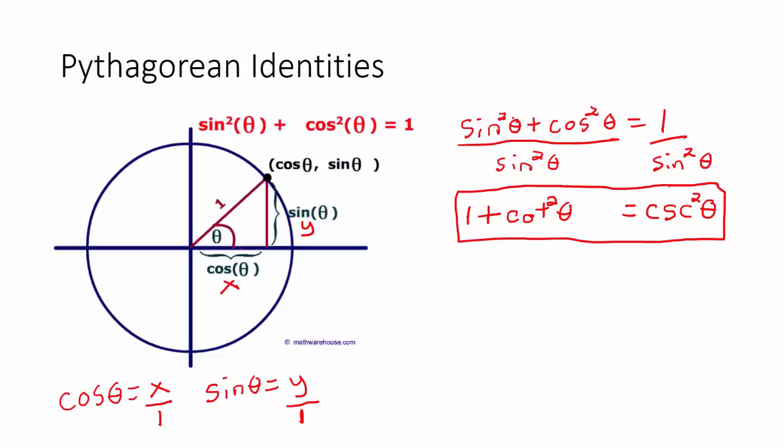Okay, so let's make our third Pythagorean identity. Again, we'll just start with the original equation, sine squared theta plus cosine squared theta equals 1, and this time I'm going to divide both sides of the equation by cosine squared.